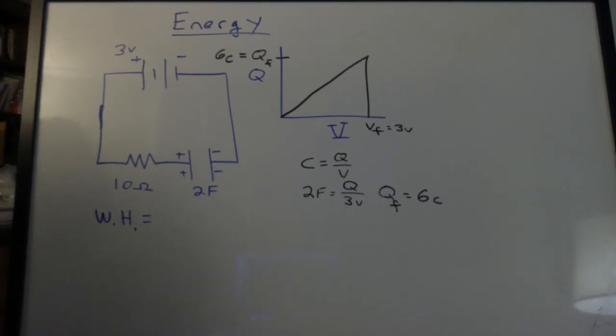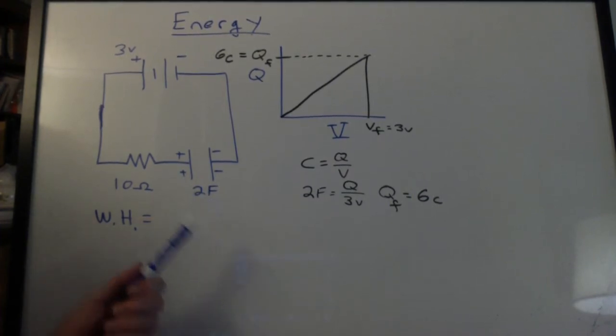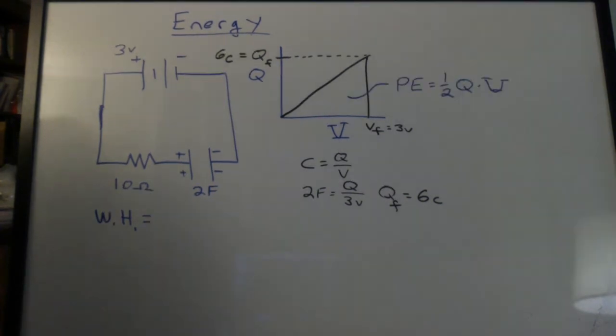That gets put on the graph. So what does the area of this triangle represent? That's the voltage times the charge that got put on the capacitor, and the area would be Q times V, but it's a triangle, so it's 1/2. That's the potential energy stored in the capacitor. That's 9 joules.